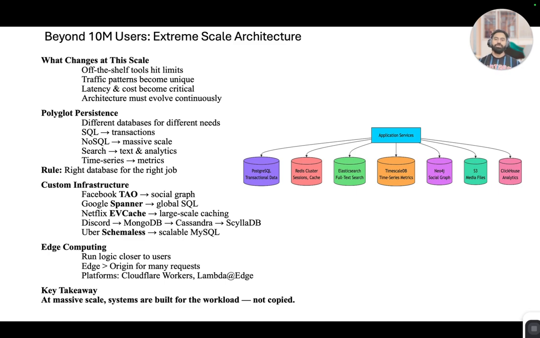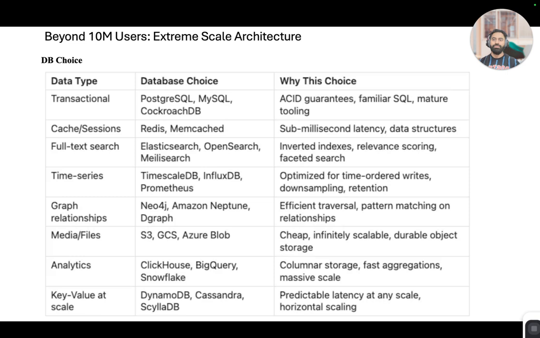So I think I have covered everything, but I have added some more things for you: how to choose the DB. You can take a screenshot or pause and read it. This is a scenario: if the data type is transactional, then you can go with PostgreSQL, MySQL, or CockroachDB. Why choose these? Because of ACID guarantees, familiar SQL, and mature tooling.